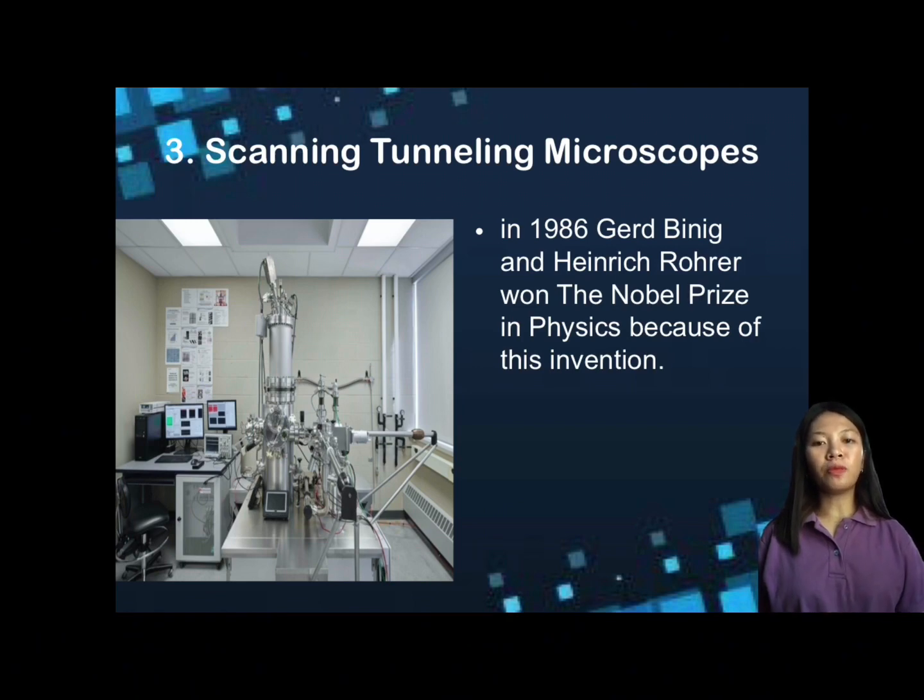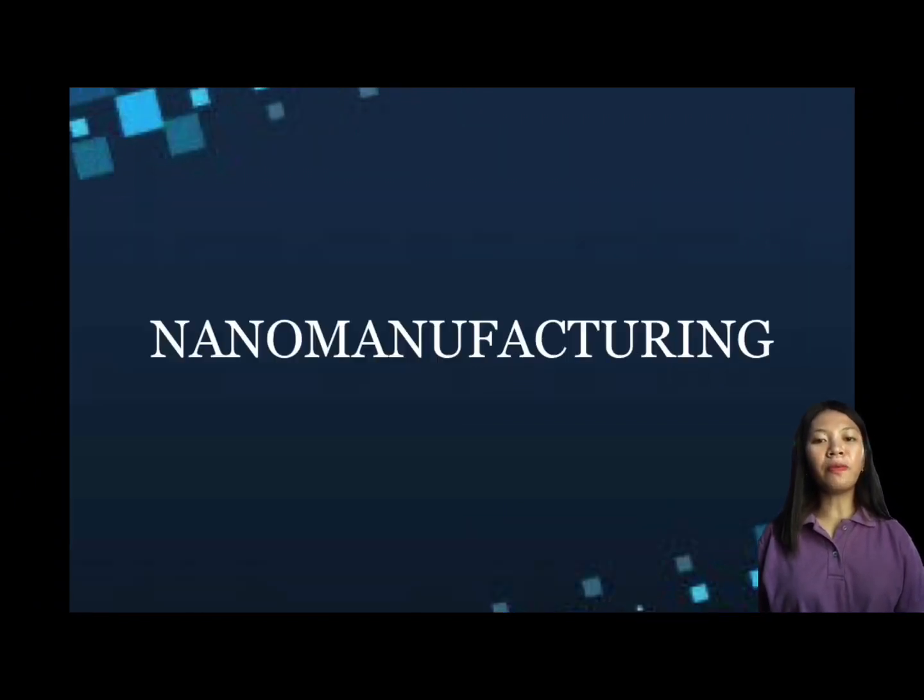Nakakatulong ang microscope na to para madaling makita ng mga scientists. At ang microscope na to ay na-develop noong taong 1986 nila Gerd Binnig at Heinrich Rohrer. At dahil sa na-invent nila ito, ay pinarangalan silang the Nobel Prize in Physics.